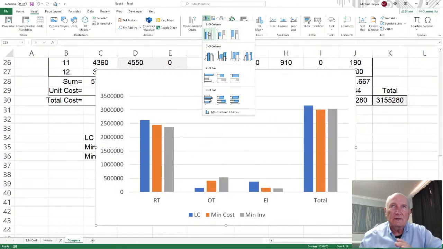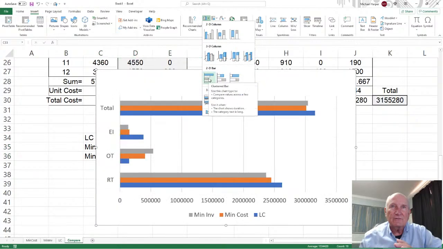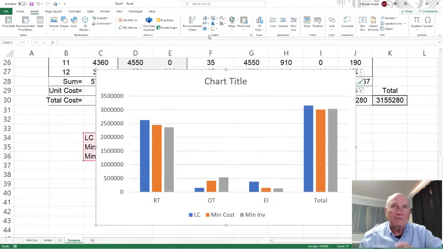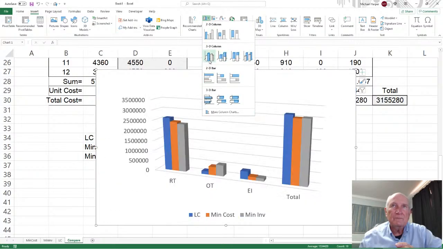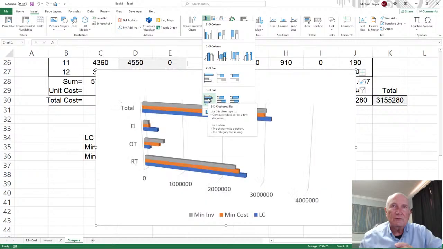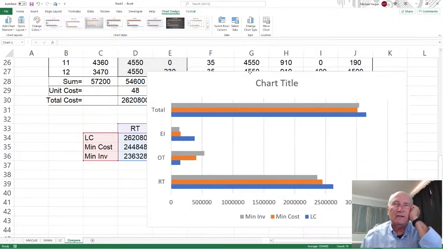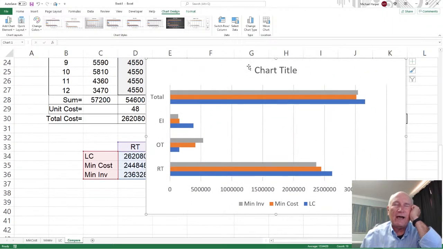You can do horizontal if you like that better. You can have 3D, or 3D perspective, and 3D horizontal perspective. However you want to do it, I'll let you figure out how you want to compare it.